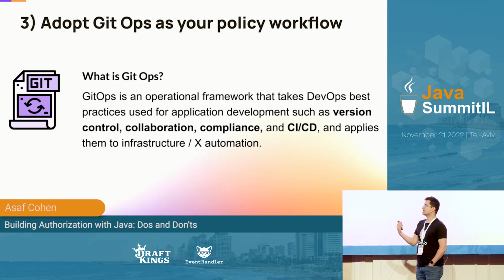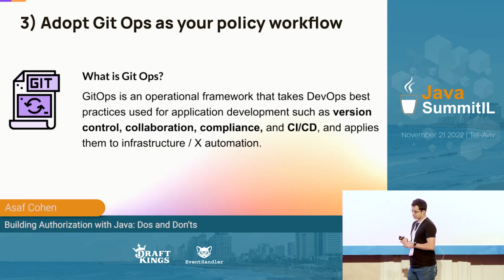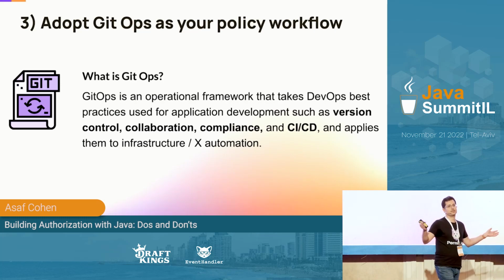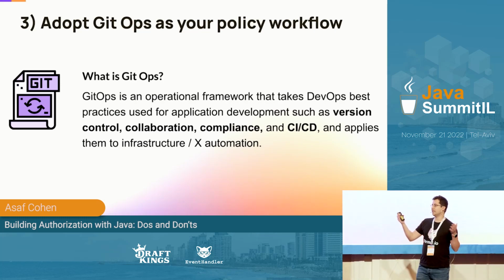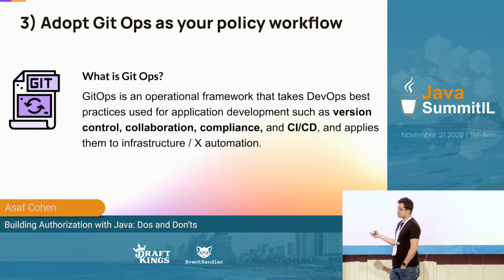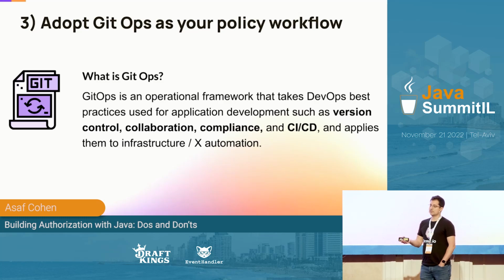And this is good because Git commits are auditable. You can know who made the change. It enables rollback easily, and you can see the entire history. So every commit is a version of the application. So GitOps is great for infrastructure as code, and it's also great for policy as code.